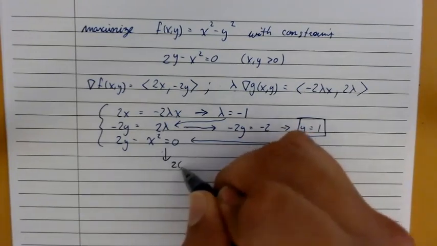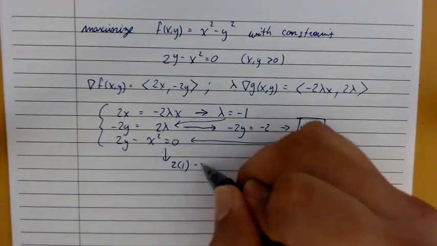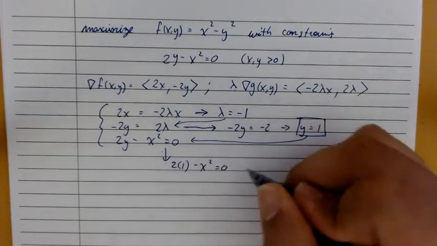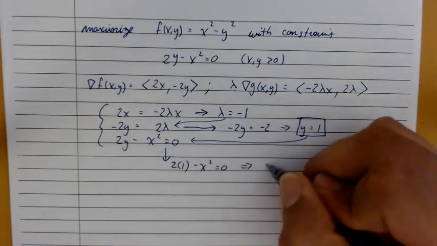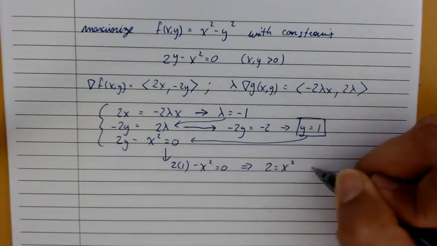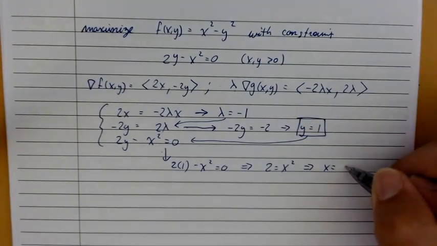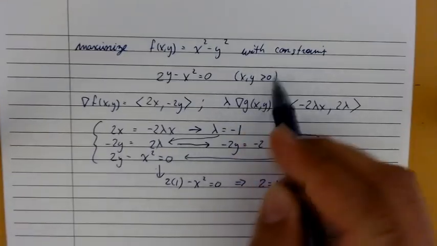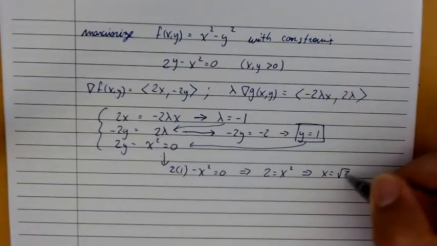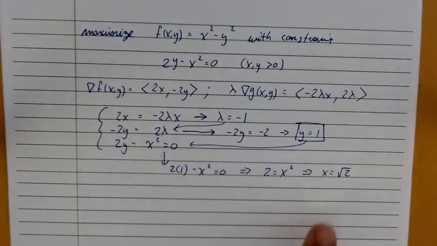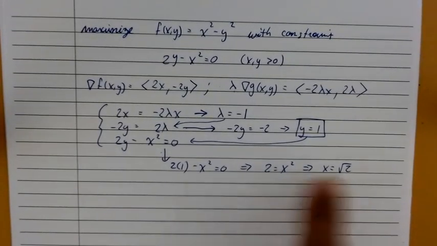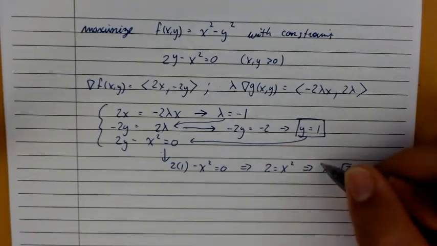That gives us 2 times 1 minus x squared is equal to 0. That means 2 is equal to x squared, which means x must be plus or minus root 2. But no minus, all plus, so that's going to be root 2. Okay, so we found our value of x. We can now find our value of y. Oh, actually, no, I take it back, we already found our value of y. So there we go.